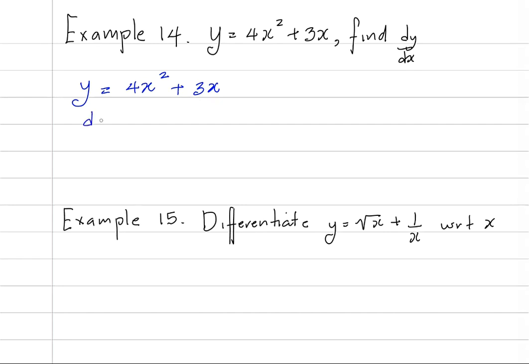So dy by dx, which is the first derivative, is equal to 4 times 2x, the power decreases by 1, 2 minus 1 is 1, plus 3 times the differential of x, which is 1. So therefore, dy by dx is equal to 8x plus 3.